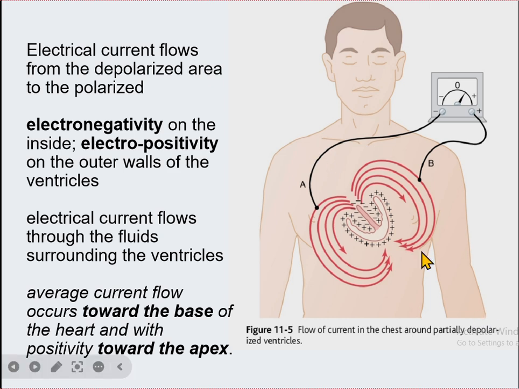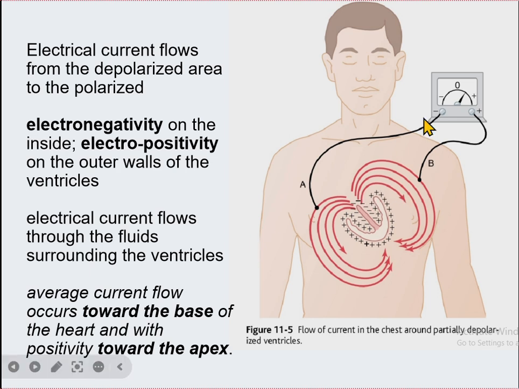So our electric current is flowing from the base towards the apex. You notice that? Areas of electronegativity, that is where depolarization has taken place, making outside negative. Areas of electropositivity, they are still polarized, meaning the impulse has not yet reached there.